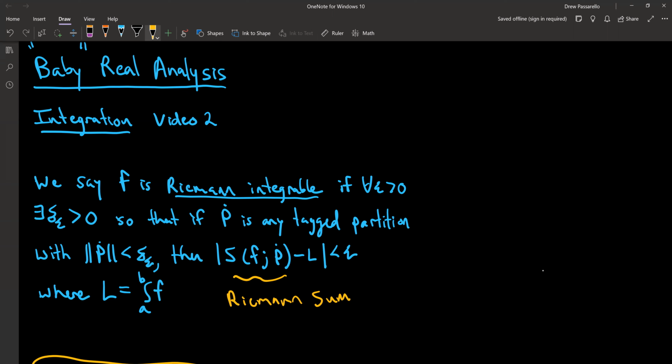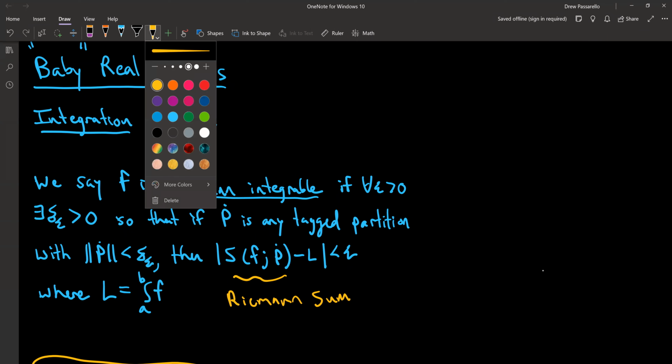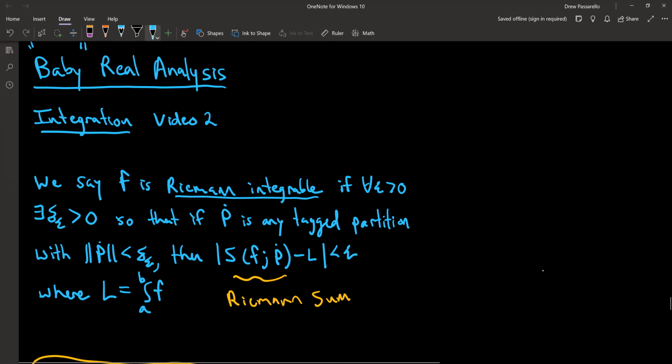So you slice up some interval that the function is defined on, and based on your choice for the subintervals, you can find the length of the largest one, which is the norm. If that is less than delta, then the absolute value of the difference of the Riemann sum of the function with this partition minus this value L is less than epsilon.